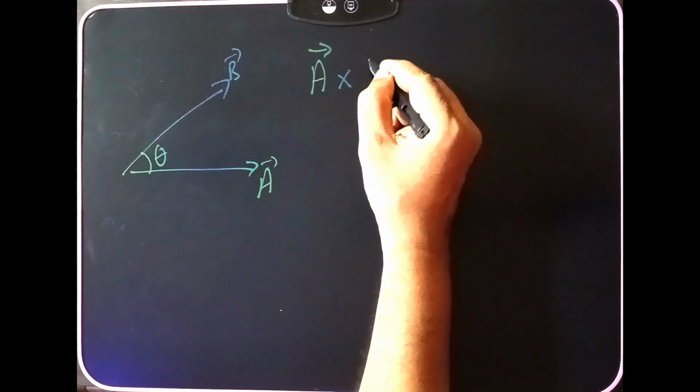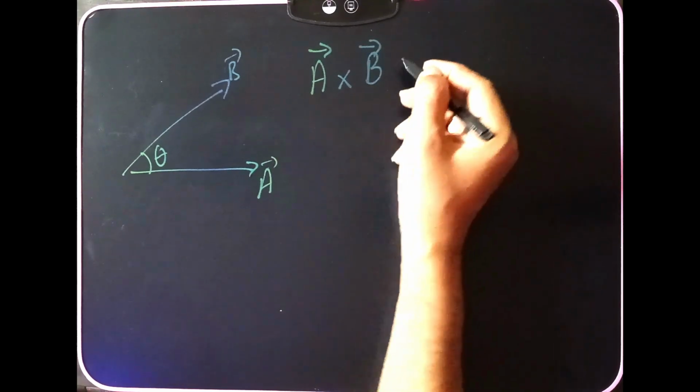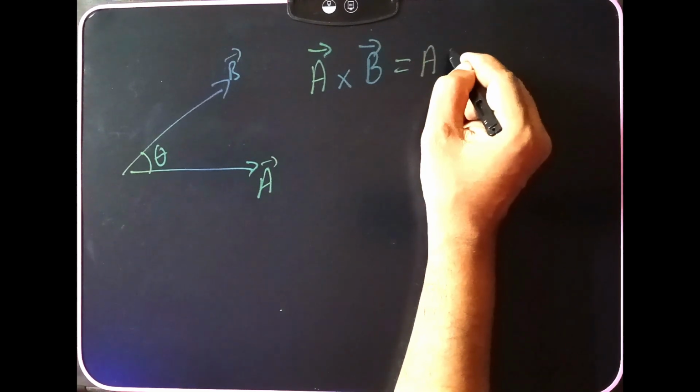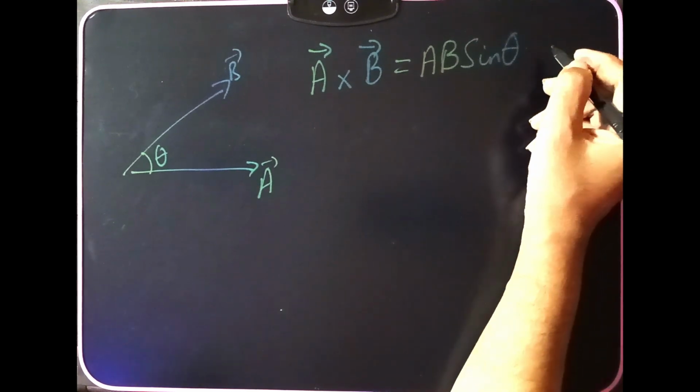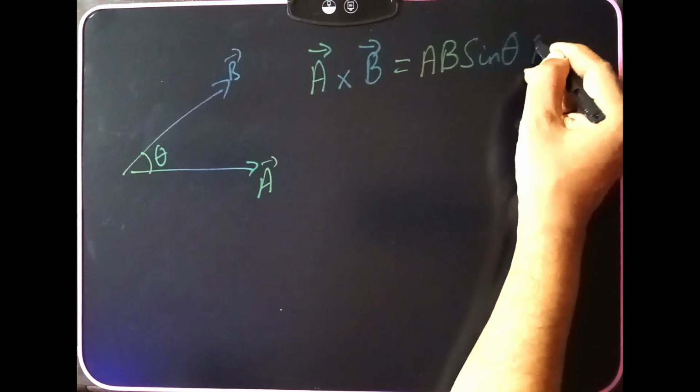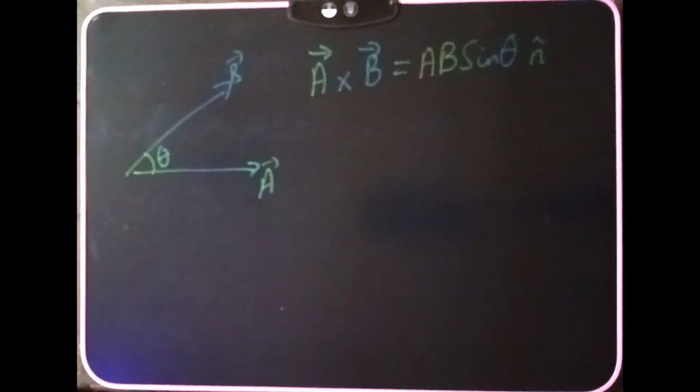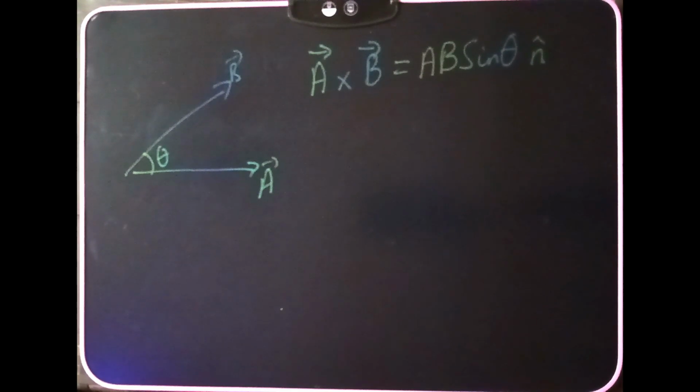A cross B is given as AB sin theta with the unit vector. Because it's a vector product, you'll get a vector result here. In the dot product you'll get a scalar result. So this is read as A cross B.